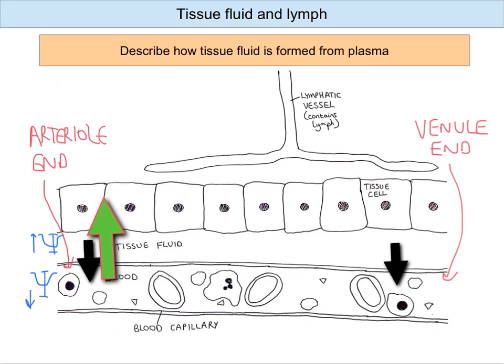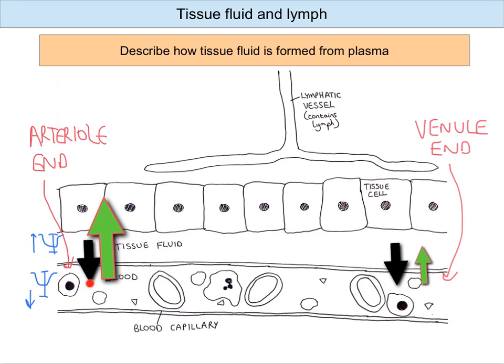Whereas at the venular end, there is much lower pressure because the blood is returning back to the heart and the venules and veins have a much wider lumen, so there will be a much smaller hydrostatic pressure, as shown in the green arrow here.